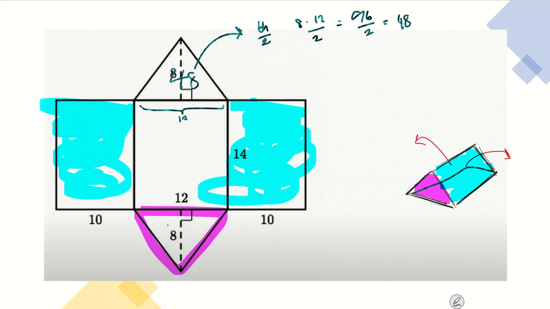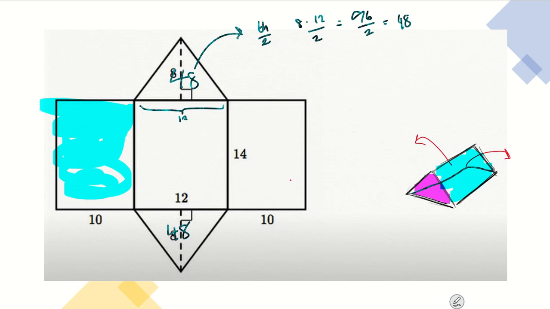Good news is once you find one of them, you don't have to find the other one. It just doubles up, right? Because it's the exact matching side. So we have 48 right there. What about these rectangles? We've got 10 and 14, base times height, that's 140. Also 140 right here. And this middle piece is a little different.